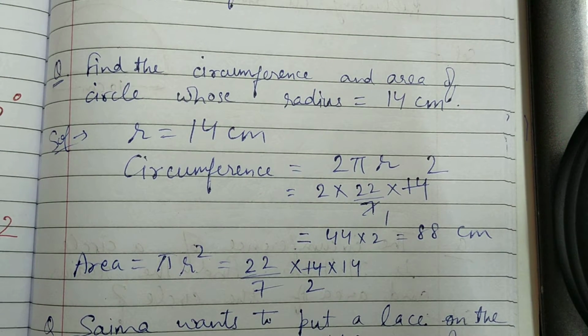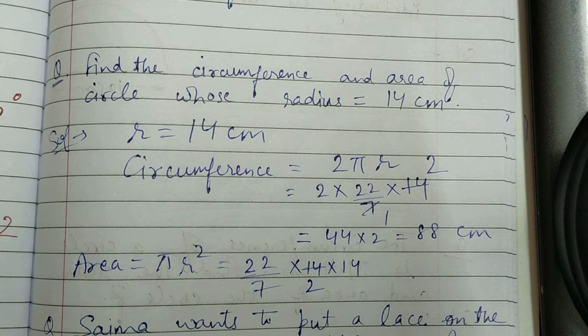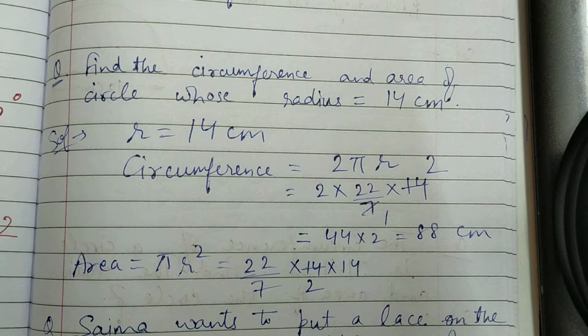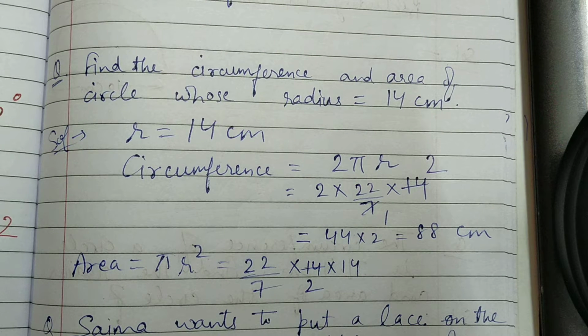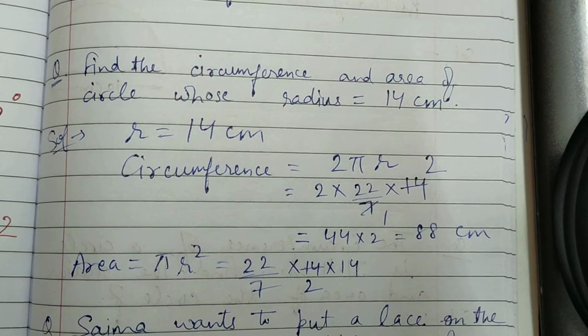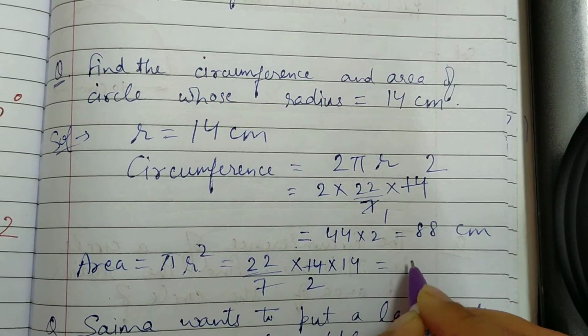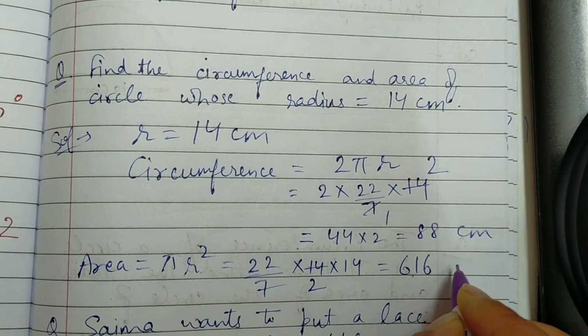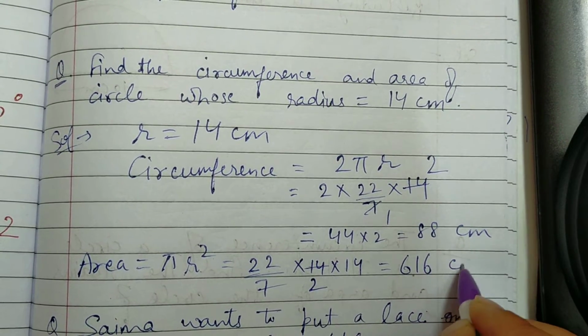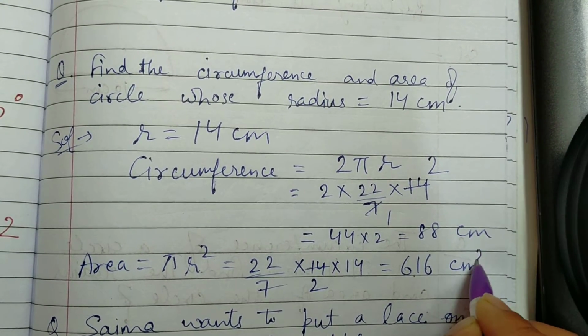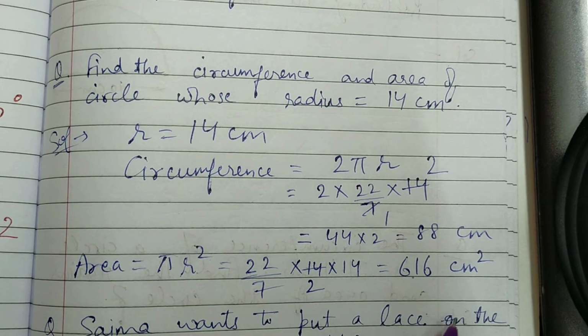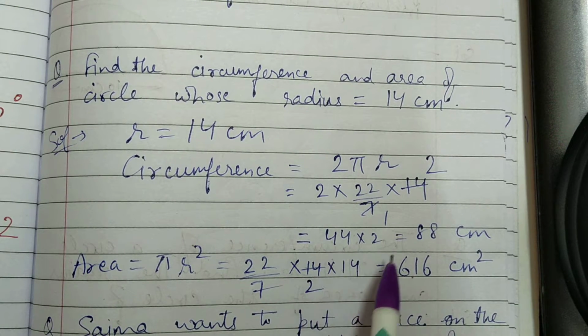After multiplying we get the answer. When you multiply you will get 616, and because it is area, the unit will be centimeter square. So area is 616 centimeter square and circumference is 88 centimeter.